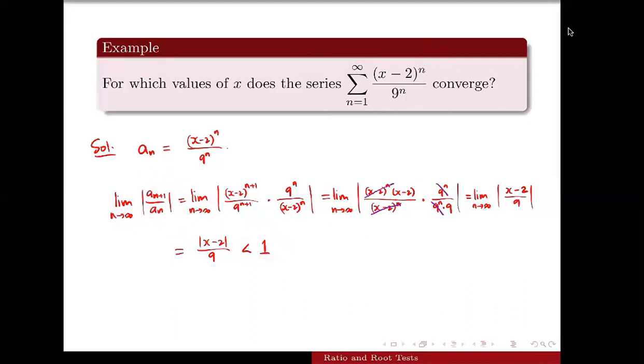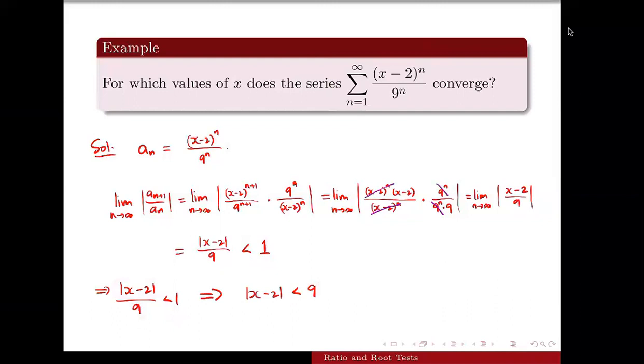But anyway, this means that you need your x to satisfy the absolute value of (x minus 2) over 9 less than 1. This means the absolute value of (x minus 2) must be less than 9.